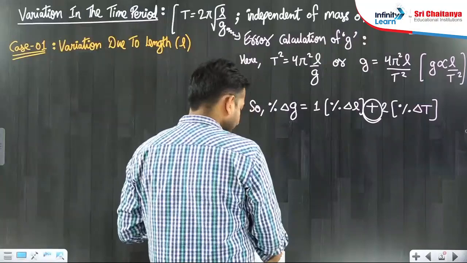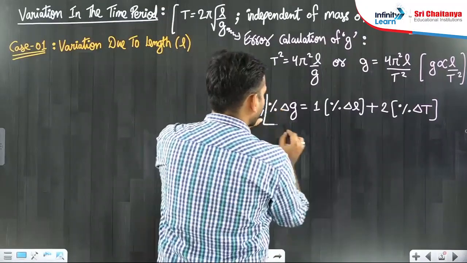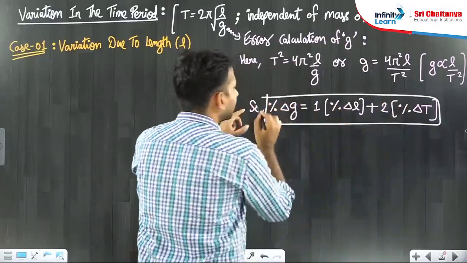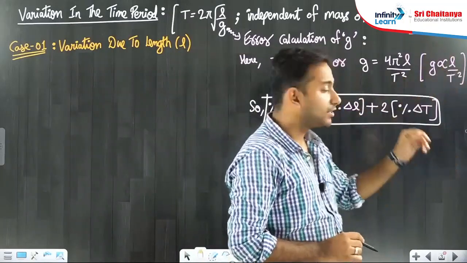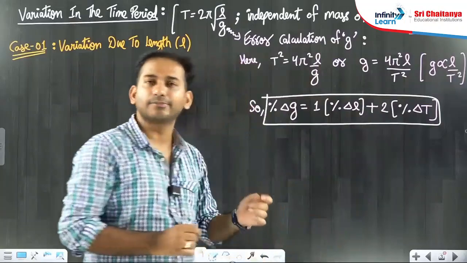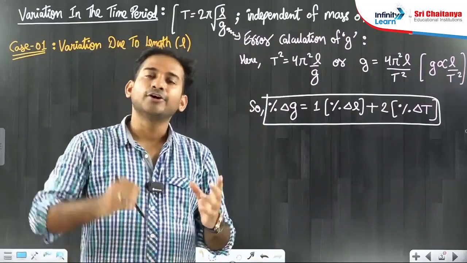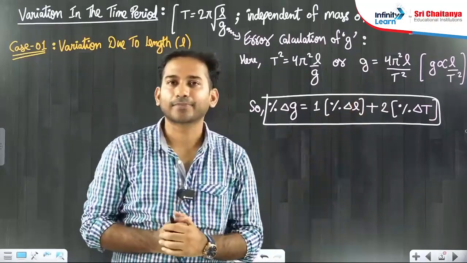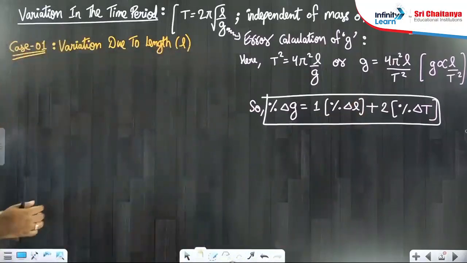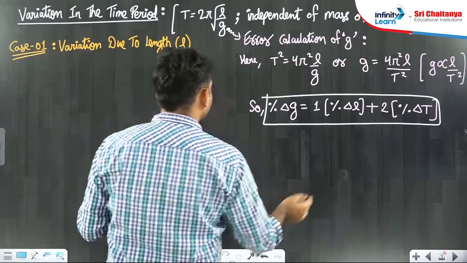Hence the percentage error in G will be 1 time percentage error in L plus 2 times percentage error in T, because in case of percentage error or fractional and relative error, you simply multiply the power as a coefficient of the error.